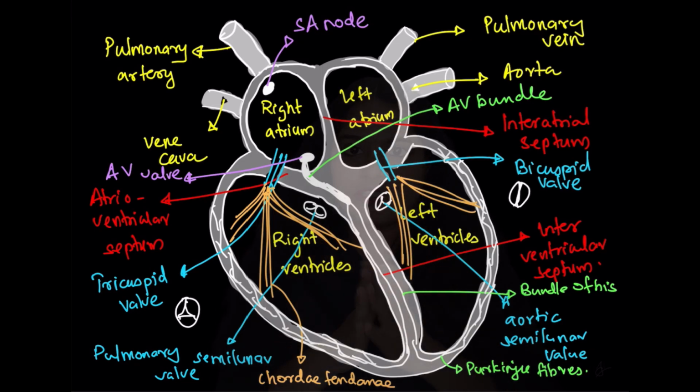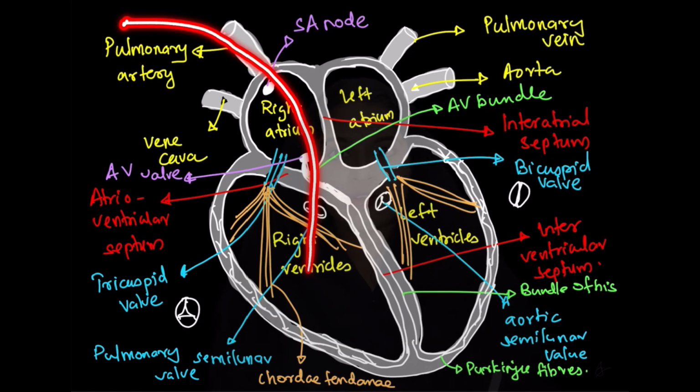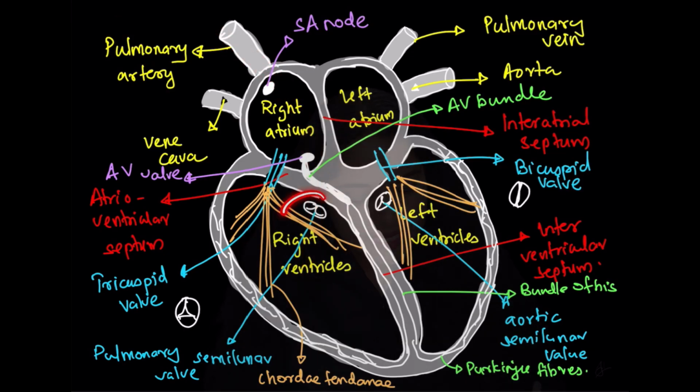From different parts of the body, veins and venules collect deoxygenated blood and give it to the vena cava, and this vena cava drains deoxygenated blood into the right atrium. From the right atrium, through the tricuspid valve, the blood reaches the ventricle. From the ventricle, the pulmonary artery takes blood to the lungs for oxygenation through the pulmonary semilunar valve.